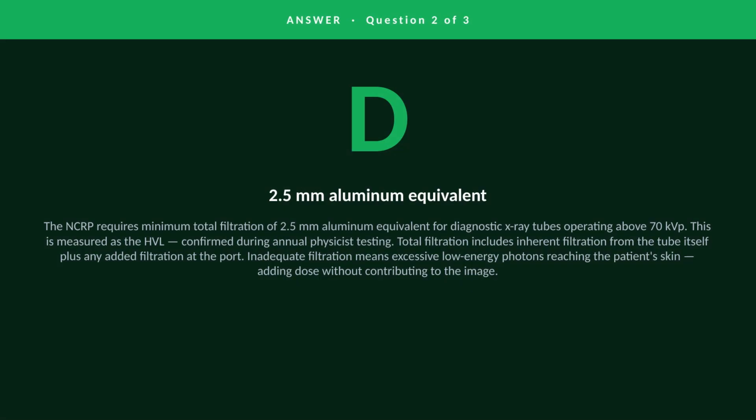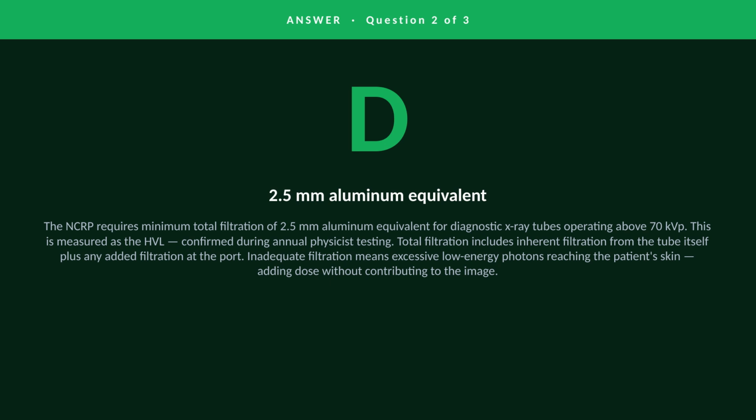The answer is D, 2.5 mm aluminum equivalent. The NCRP requires minimum total filtration of 2.5 mm aluminum equivalent for diagnostic X-ray tubes operating above 70 kVp. This is measured as beam quality by the HVL, confirmed during annual physicist testing.